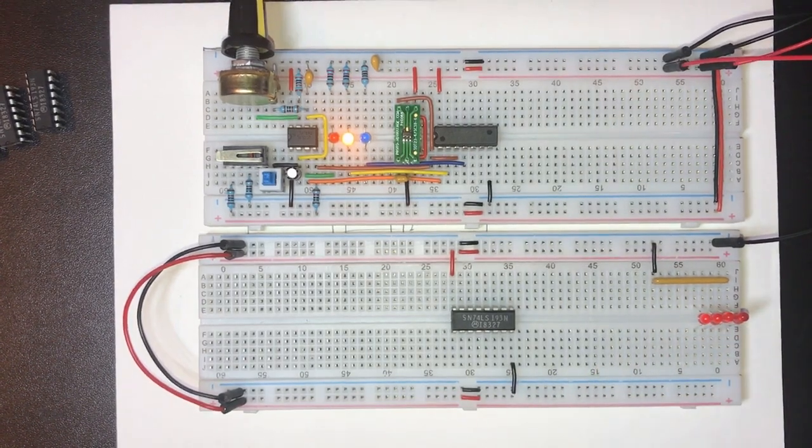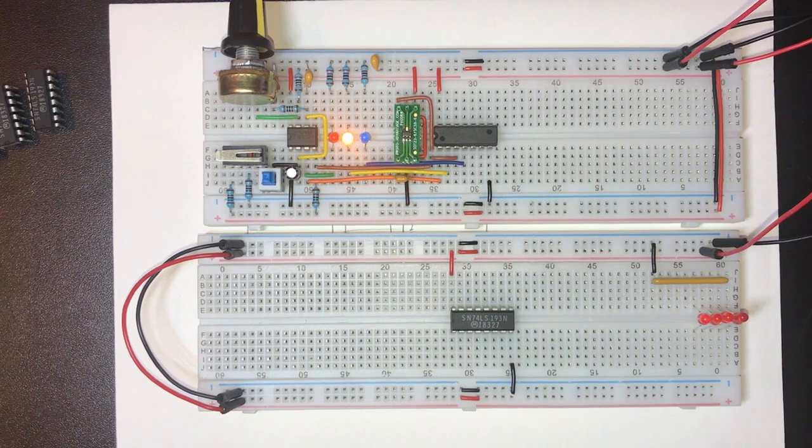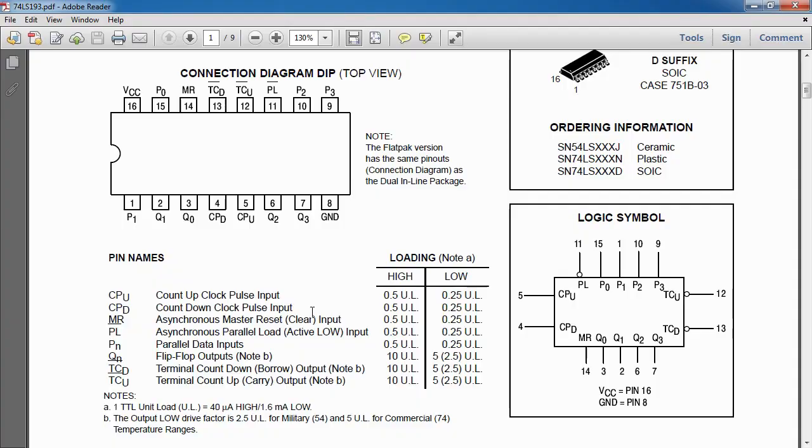Right, that's good. So we've got this asynchronous master reset. That is an active high input, so I don't think we need to do anything with that straight away. We could connect it over to our reset signal over here, but let's just see what it does without it. We also have asynchronous parallel load.